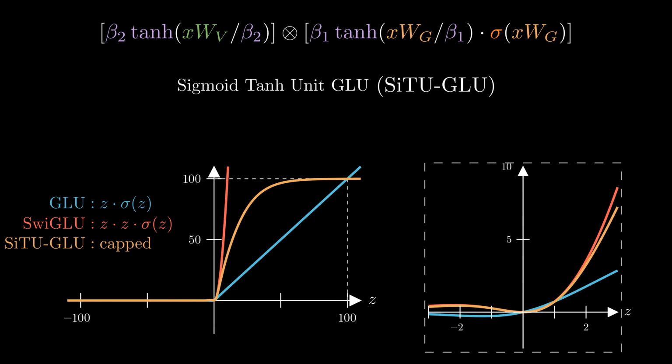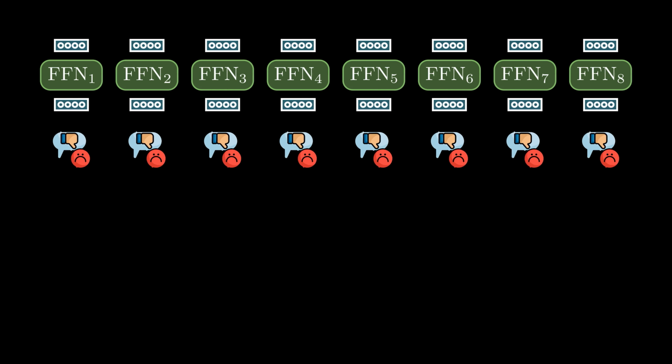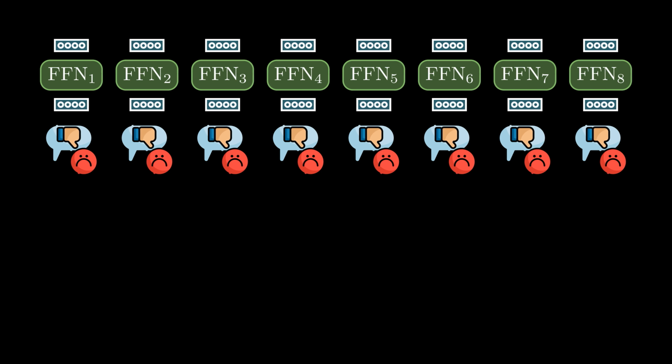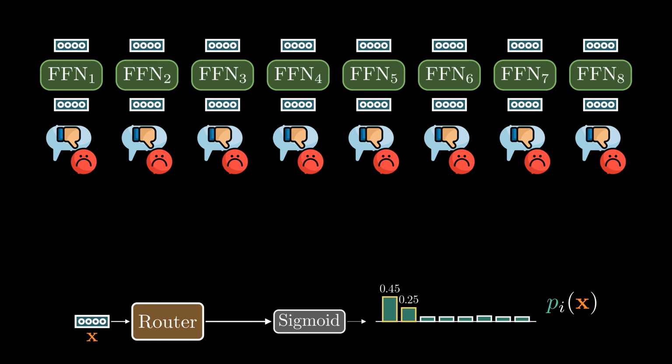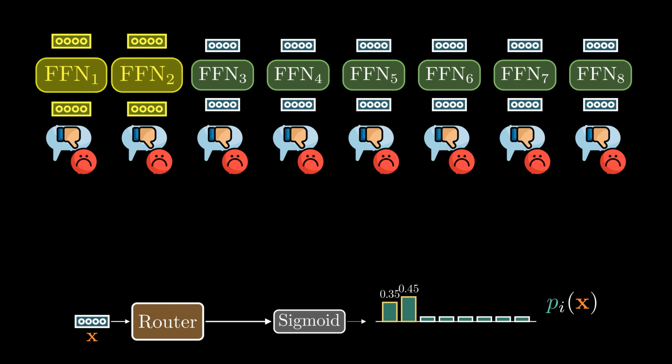But there is another kind of instability. Training highly sparse, fine-grained experts is very challenging. At the start of training, all the weights in these experts are initialized randomly. This means that all these networks are equally bad. Now imagine the router assigns the first few tokens to the first two experts.